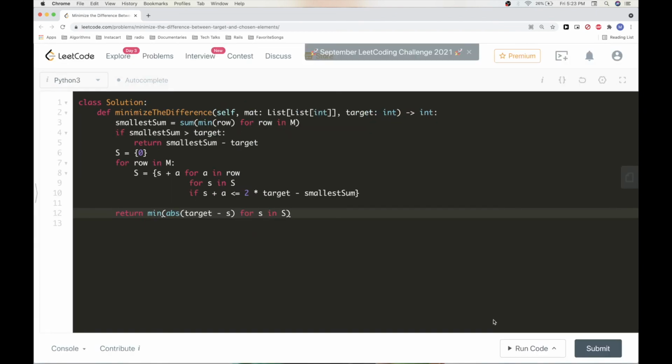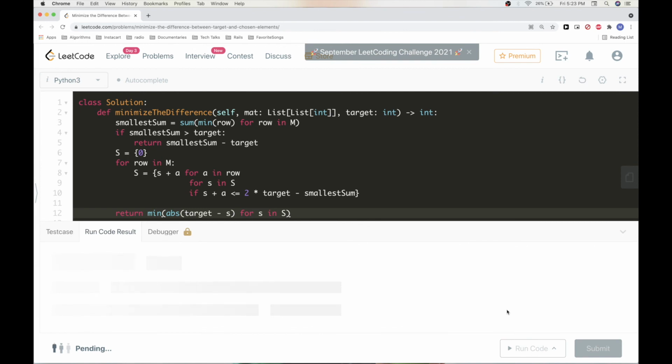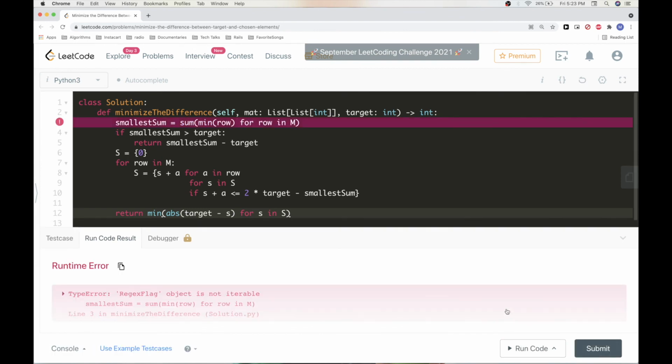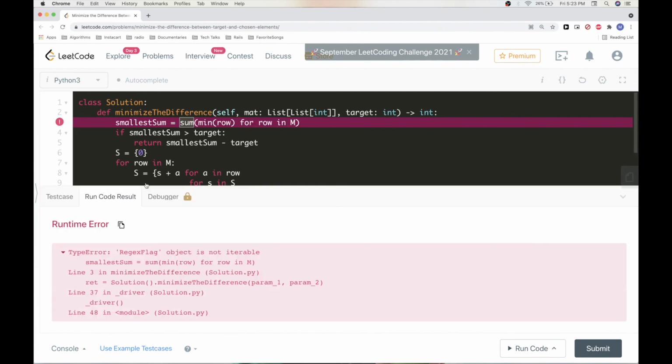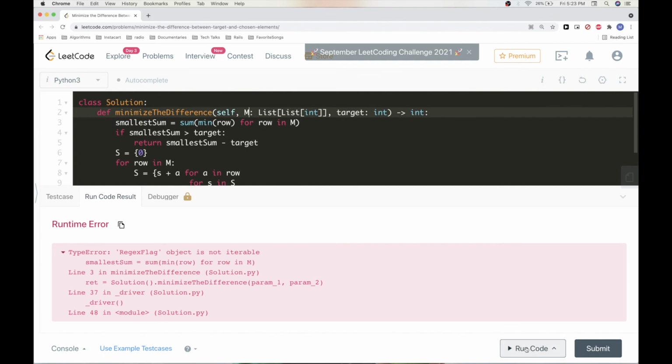So let's run that. So we want to grab the sum for, yeah, M. Just name that one.